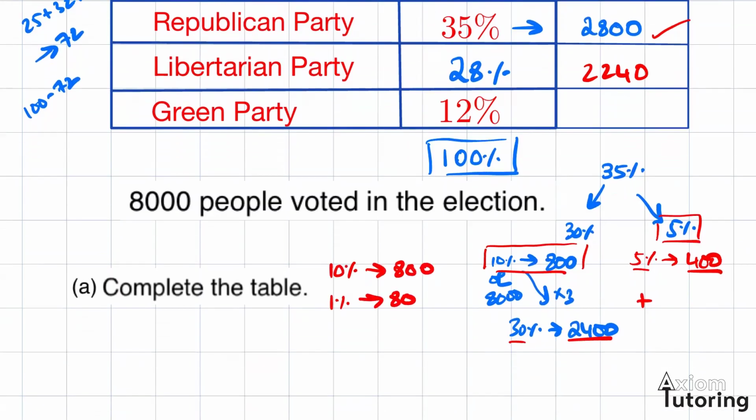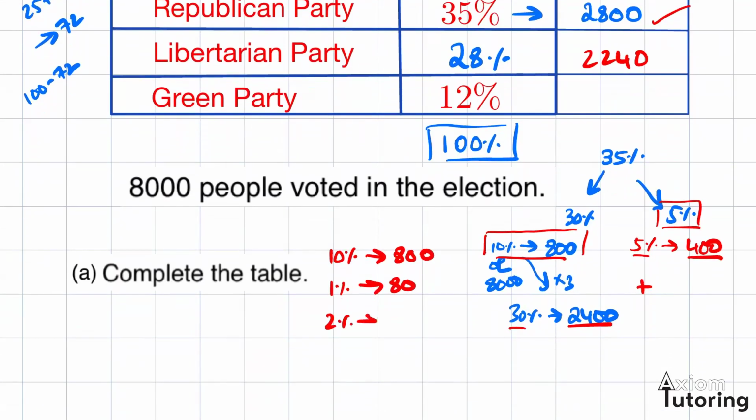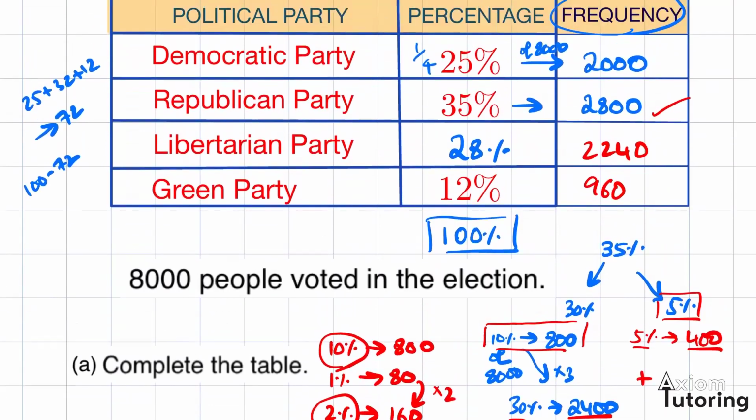Therefore, 2% is 80 times 2, which is 160. And so 10% plus 2% should be 12%. 800 plus 160 is 960. And these numbers should add back up to a total of 8,000.